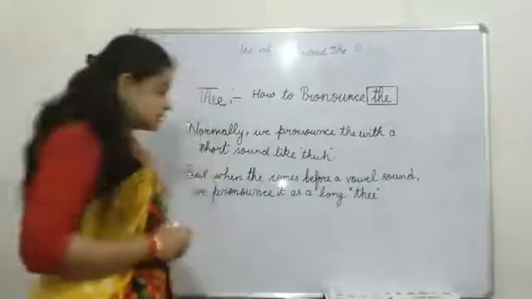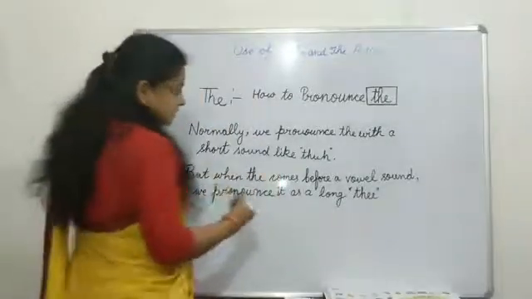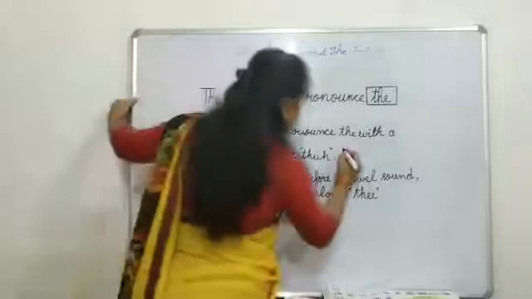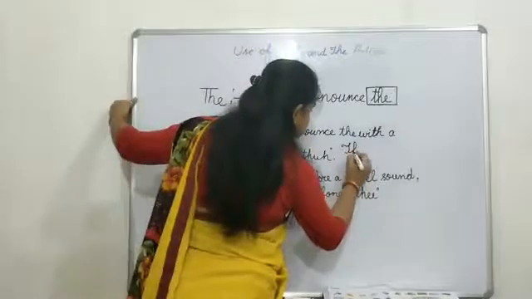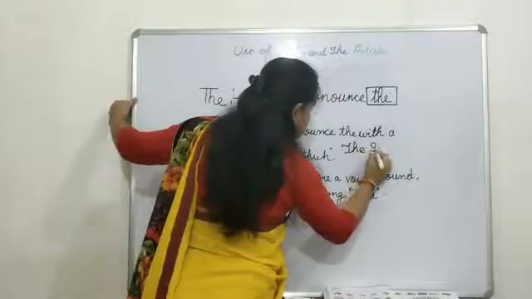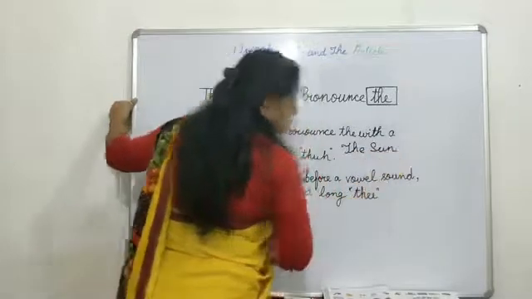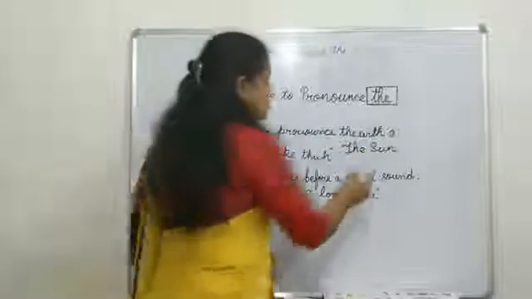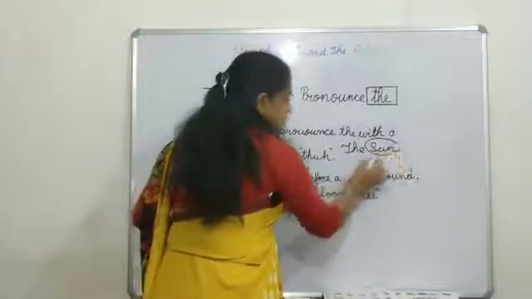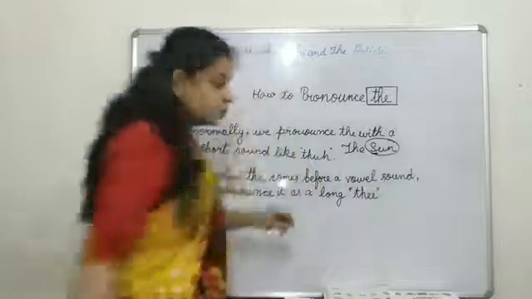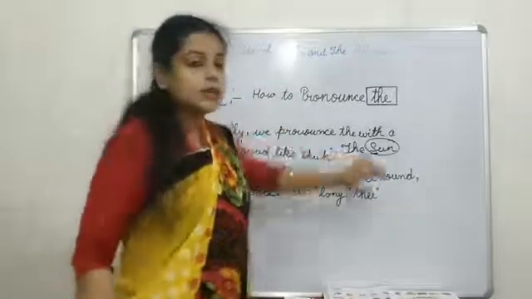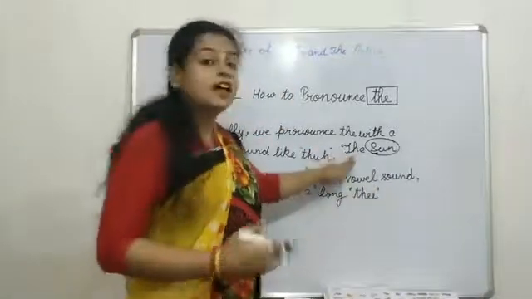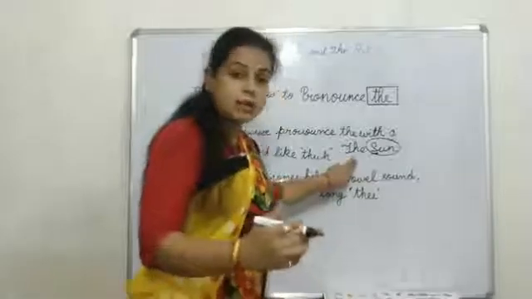Okay. For example, the sun. In this word, sun, S is a consonant. So we pronounce it the sun. Okay.